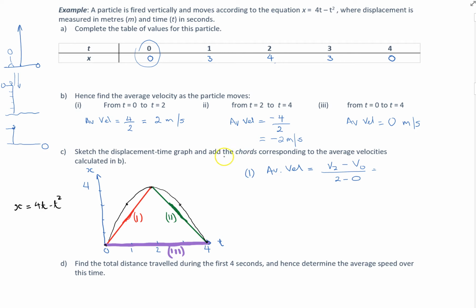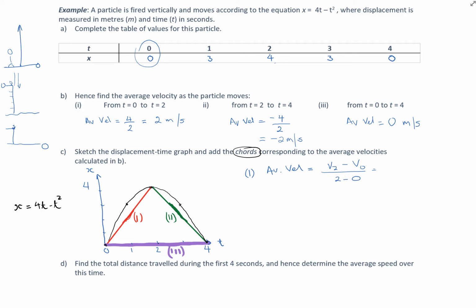Now, it also asks you to add the chords corresponding to the average velocities calculated in B. The reason that they're wanting the chord is because if we think about B part 1, we were getting the average velocity, the change in displacement, so we wanted the value at time 2 minus the value at time 0, over the difference in the time, so it's 2 minus 0.